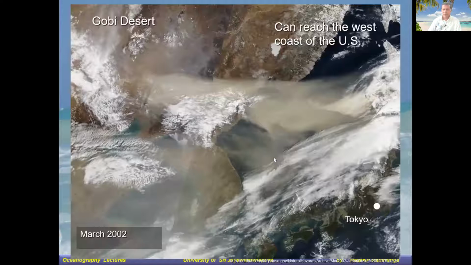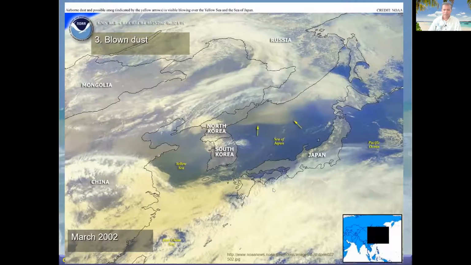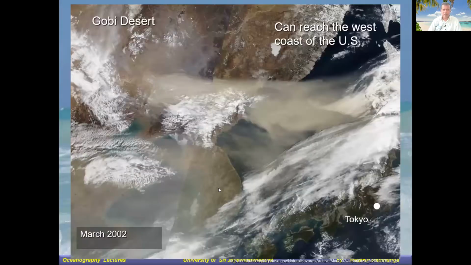This is one example. You can see even in the satellite images, some blown dust through the Gobi desert, just about China and Mongolia. Gobi dust, sorry, Gobi desert again.